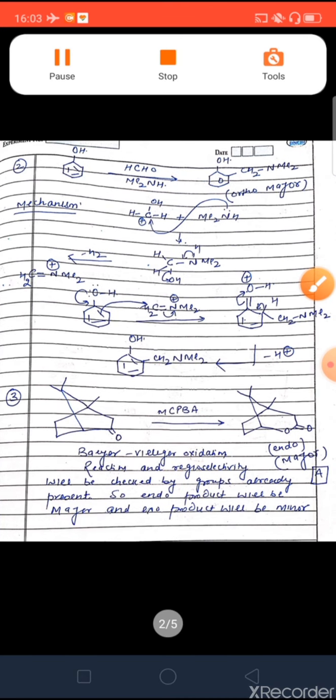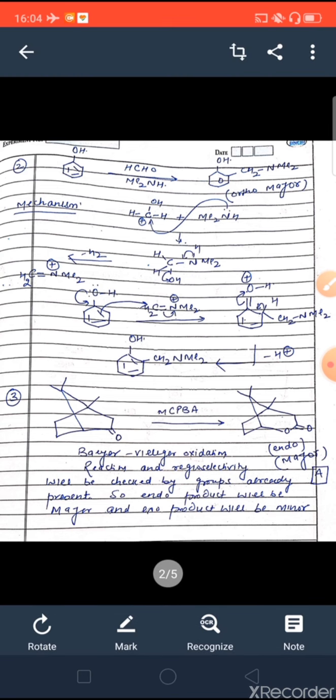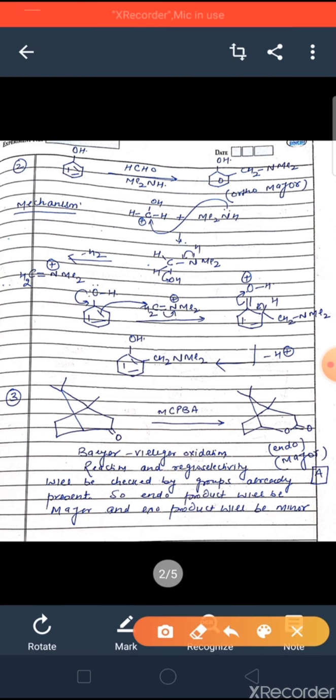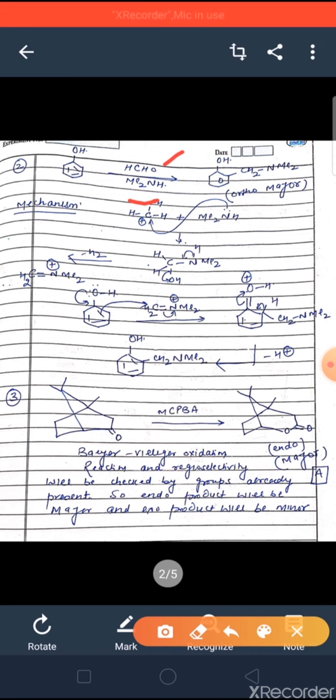Now come to question number 2, and this question number 2, again it is a Mannich reaction, and this Mannich reaction is basically a reaction of phenol with this secondary amine and this formaldehyde. So first of all, the mechanism starts with the reaction of secondary amine with the formaldehyde, and it will form the iminium ion, and after formation of this iminium ion, the phenolic group will react with that particular iminium ion.